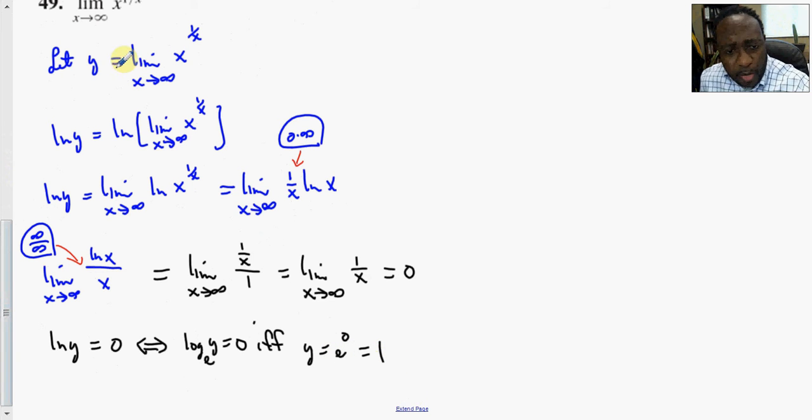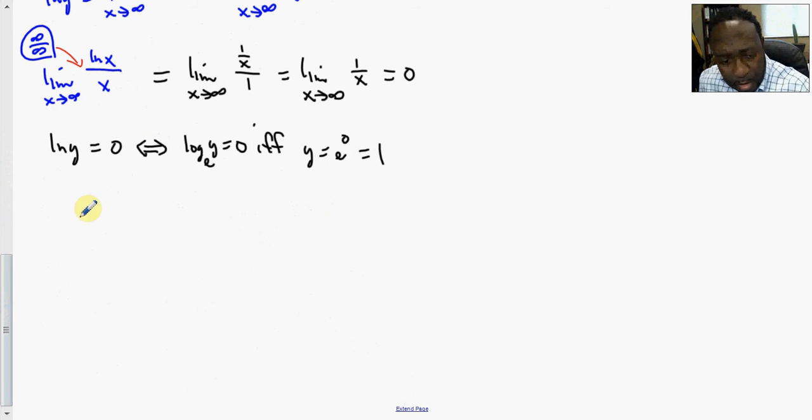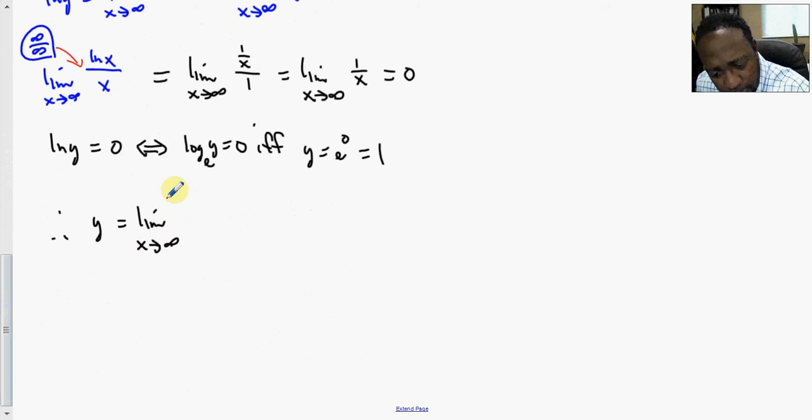But what was y? Y was the limit at hand initially. So we conclude that y, which is the limit as x goes to infinity of x to the 1 over x, gives us 1.